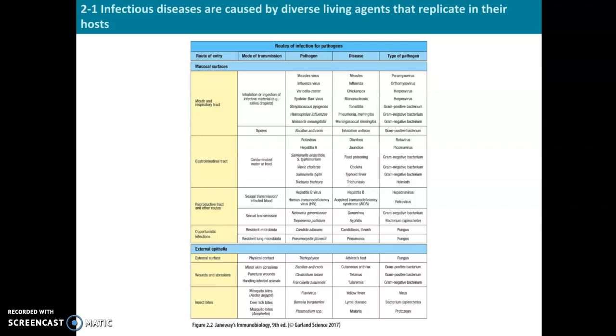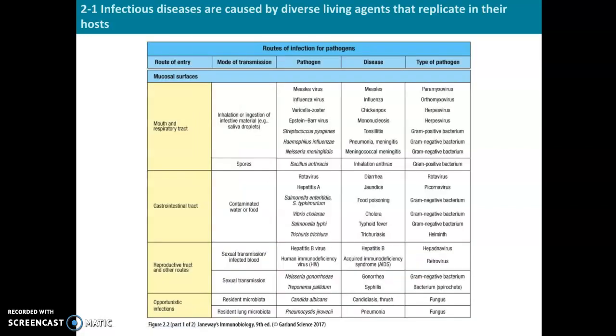Obviously, something like Zika was famous for a little while, or yellow fever. Those are viruses that are transmitted by insect bites. You could also get malaria, which is a protozoan, from an insect bite, or a bacterium like Lyme disease or plague. Those can have an insect as the vector.